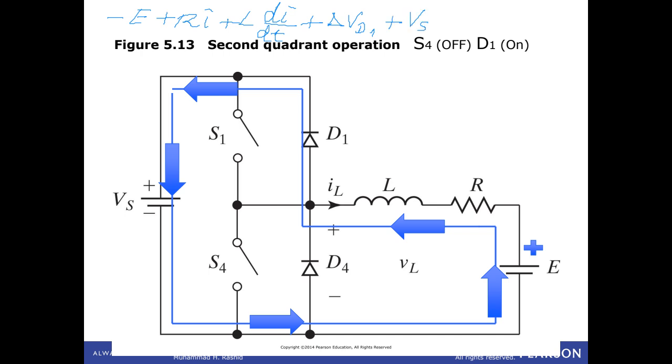Aslında fourth quadrant'ta iki tane var ama tamam, bu kalsın böyle. Eşittir zero. Buradan we neglect the voltage drop. Vs, E minus Vs, Vs pozitif kalsın, bir dakika.